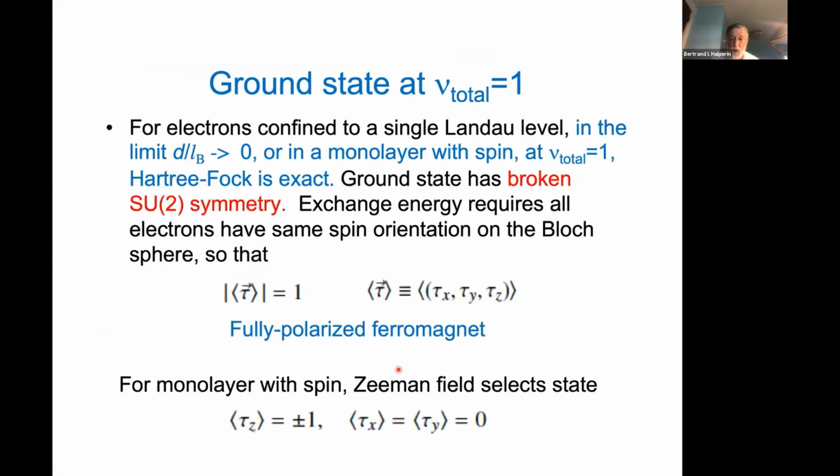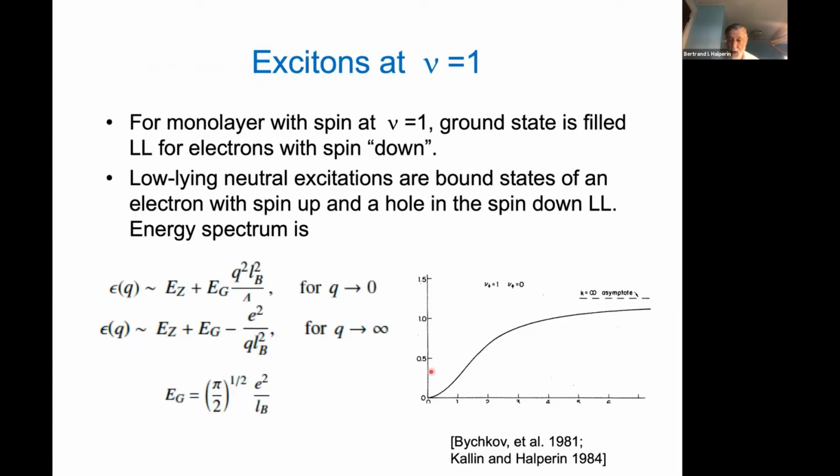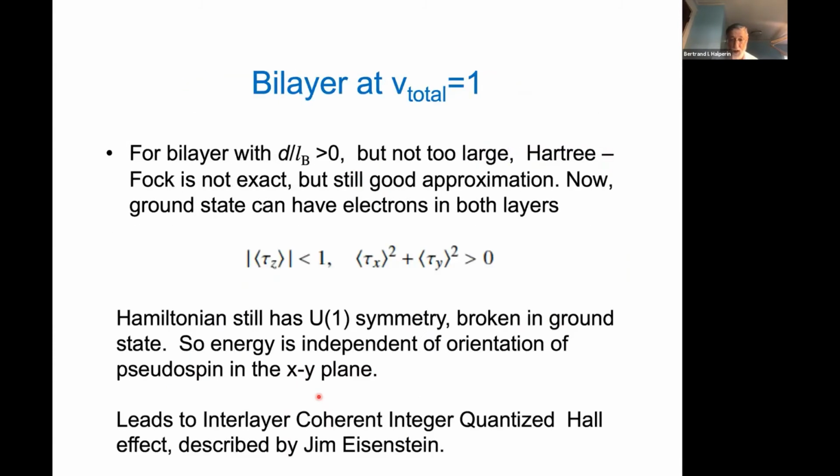In fact, if the separation is small, you'll get a very similar spectrum as for large separations, but for small wave vectors, this will become linear rather than quadratic, and it will start at 0. Here, it started at 0 just because the Zeeman energy wasn't included. But as was pointed out, even if you include Zeeman energy, if the polarization is in the perpendicular direction, then you get a 0 energy Goldstone mode.